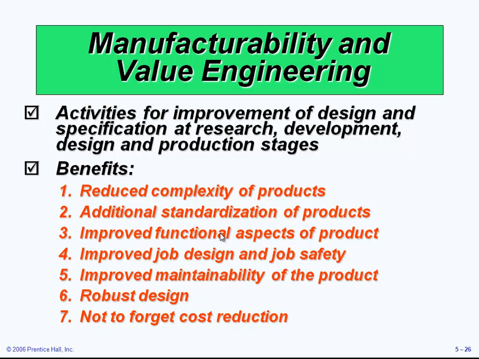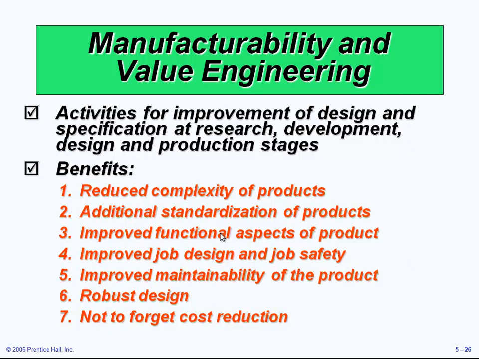The research of a product or product development should include manufacturability. That means, could it be manufactured? What are the activities that are needed to improve that design and specifications during that research?